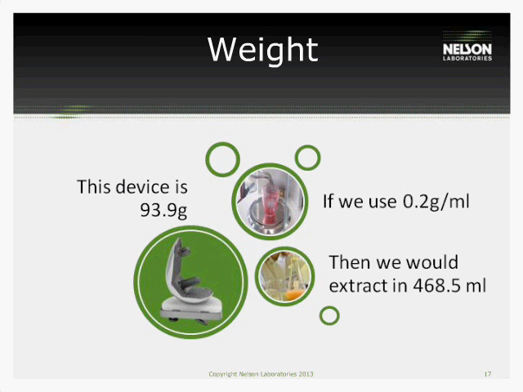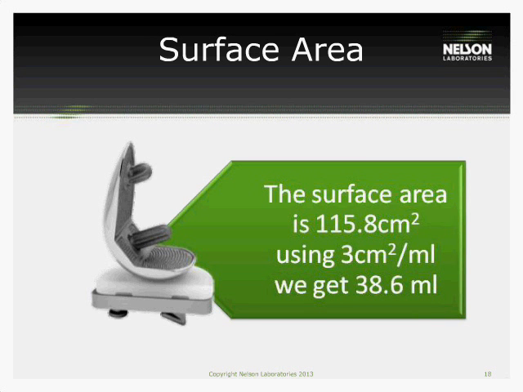So we would set this device into half a liter of media and extract it. That's based on the weight ratio. Its surface area is about 115 centimeters squared. It's thicker than 0.5 millimeters, so we use the ratio of 3 centimeters squared per mil. This gives us 38.6 mils of extraction fluid, so much less fluid used to extract this device.